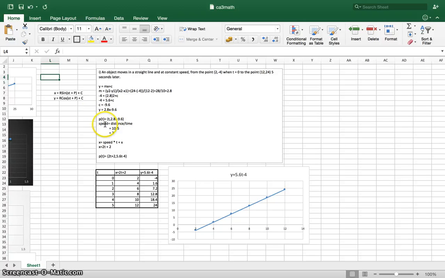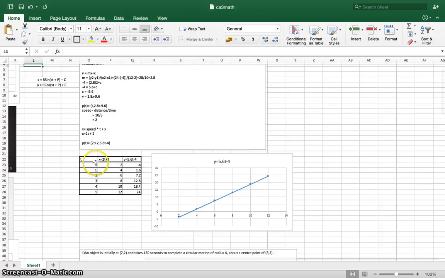Then speed equals distance over time, so it will be 10 divided by 5, which is 2. Then x equals 2t + 2, and the equation is p(t) = (2t + 2, 5.6t - 4). And then we make it into a graph.